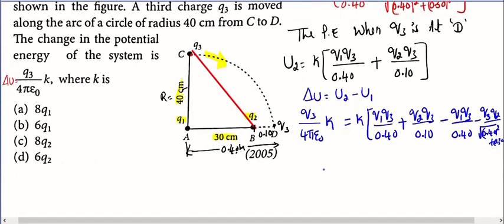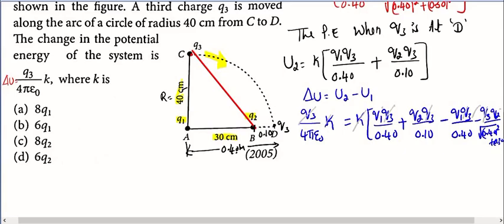So now you have to do the calculation. K gets cancelled, and Q3 also cancels.